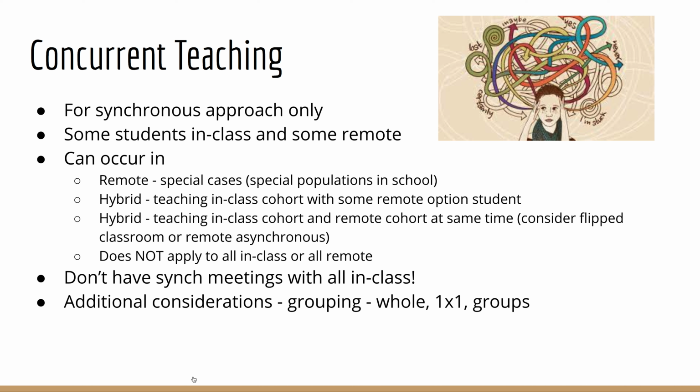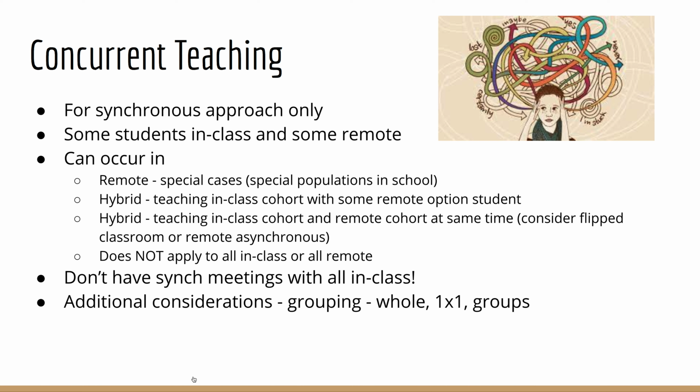So we're going to have a few kids in school, even when we're in the remote case. And in hybrid, again, typically we have these two cohorts with half in class. But again, remember that parents can choose remote. So you could have a few remote students in that case, even though you're teaching your in-class cohort.